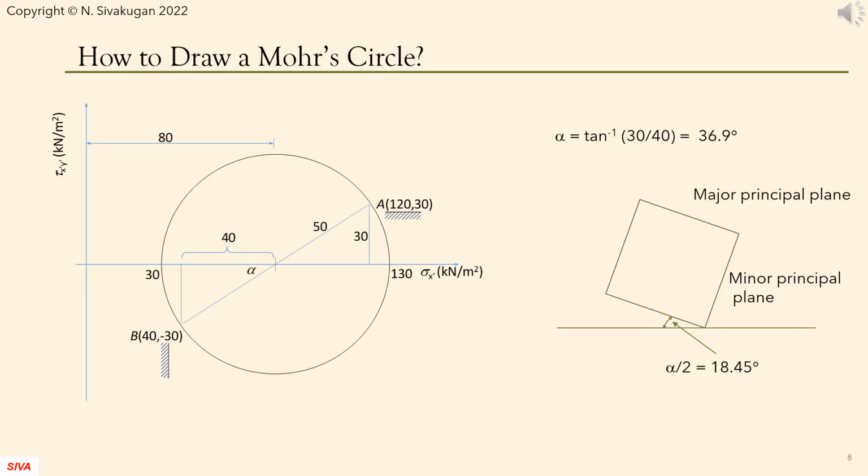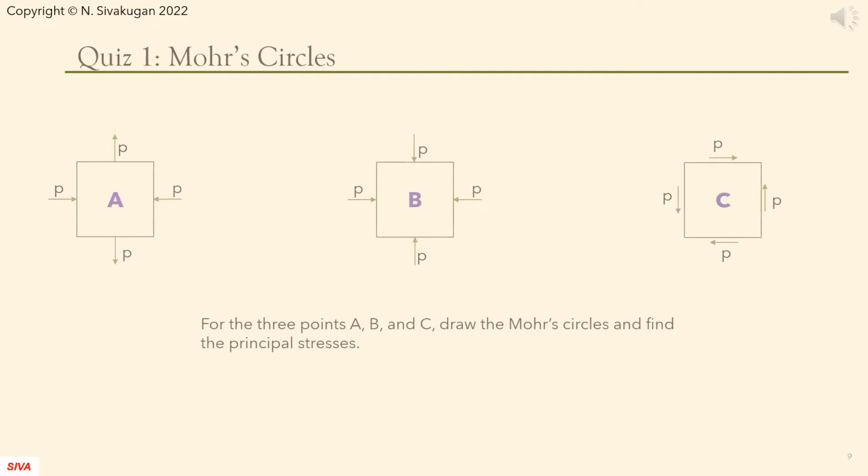Here, the sign convention for shear stress comes in when deciding on positive or negative shear stress. From here, it is geometry and trigonometry. Here, we ask you to deduce the Mohr's circles and the principal stresses, without any serious calculations.